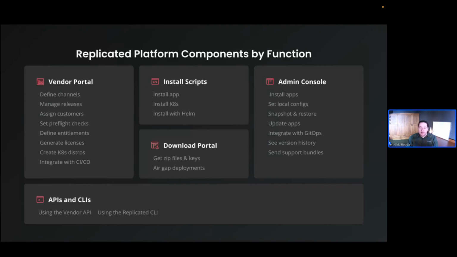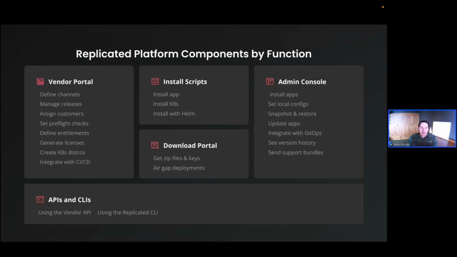If you need to deploy to a secure environment, you can get the files via our download portal that can go on any sort of transfer mechanism, a USB stick, SFTP, and then take it into that air gap. And then from an end user point of view, your customers will have an admin console where they can install apps, set configurations, manage the application, see its history, and share support information with you.